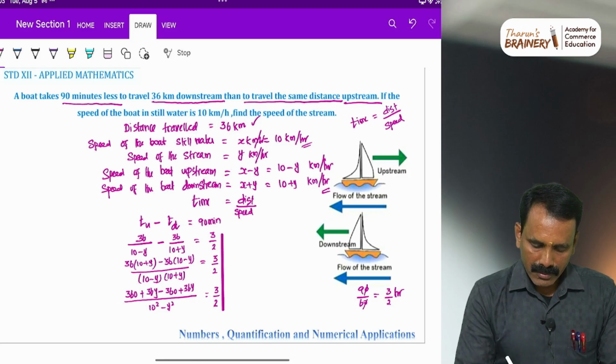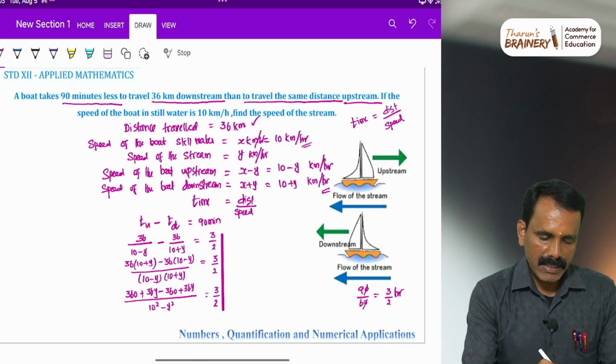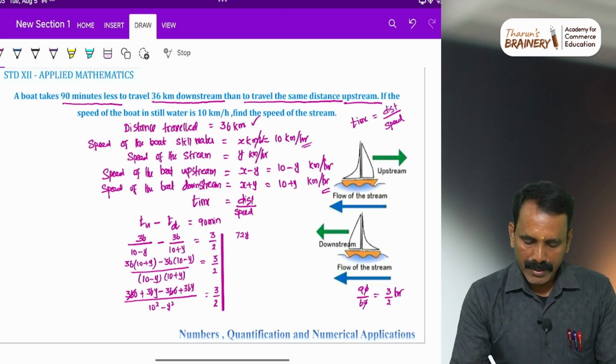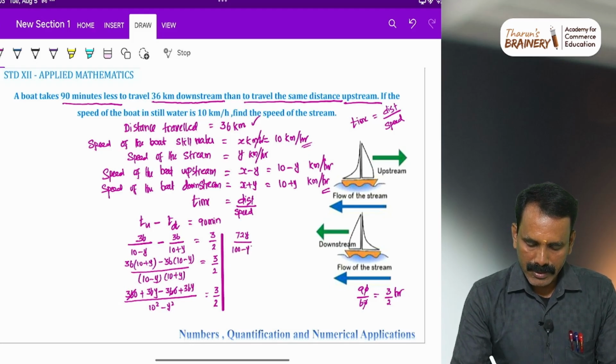So here plus 360 and minus 360 cancelled. So we get 72y in the numerator divided by 100 minus y square is equal to 3 by 2.